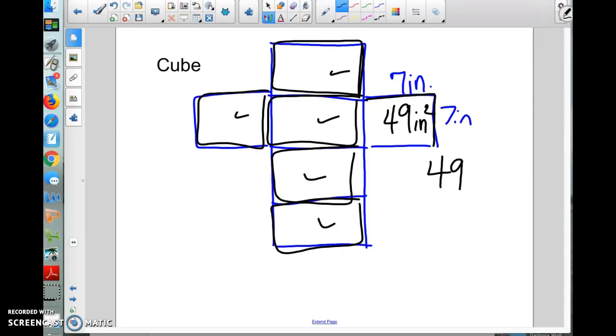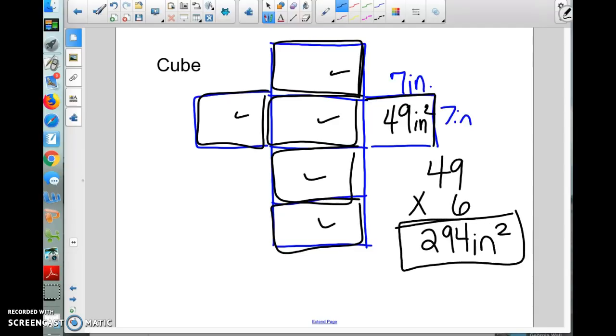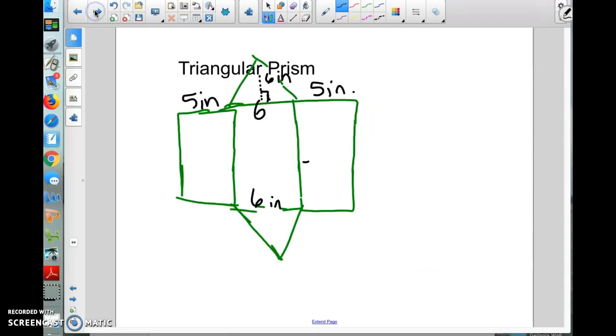Well, there's 6 sides, so all you have to do with a cube is find the area of one and just multiply it by 6. And on this one, you will get 294 inches squared. Again, you're adding up the area of each one. If you want to write 49 on each square, then you can, and then add it all together, it's the same thing.